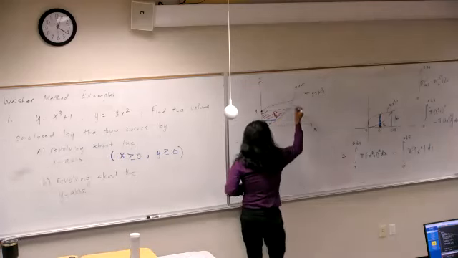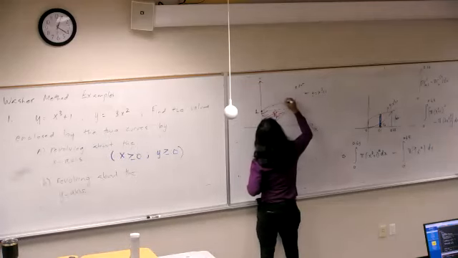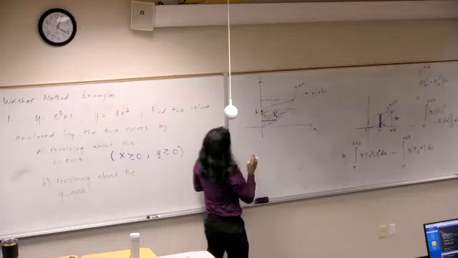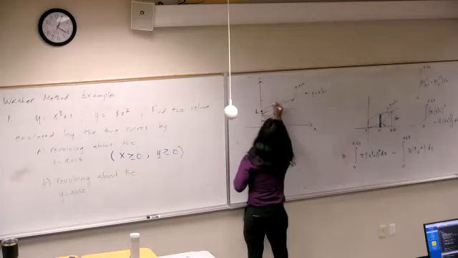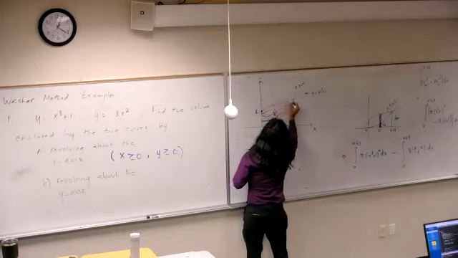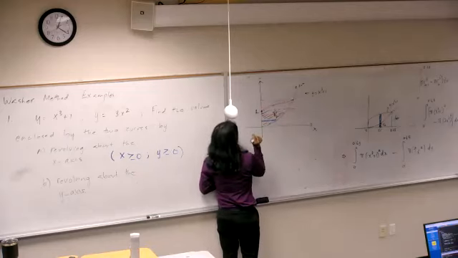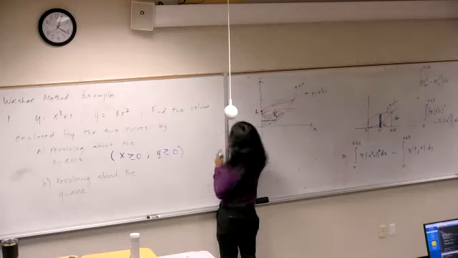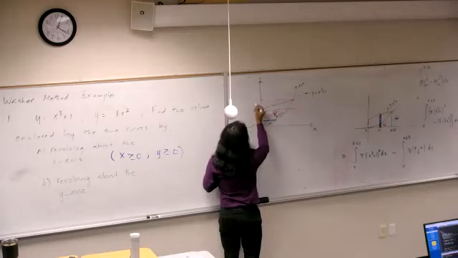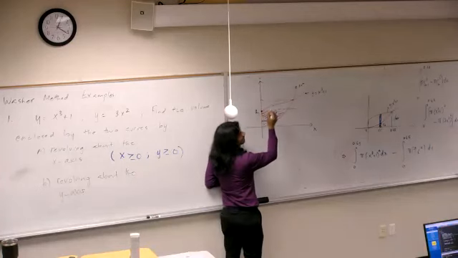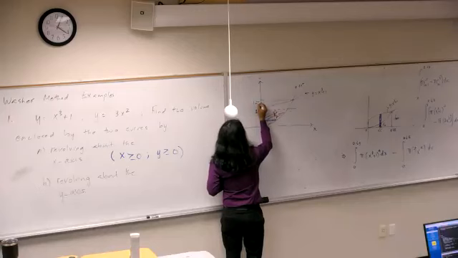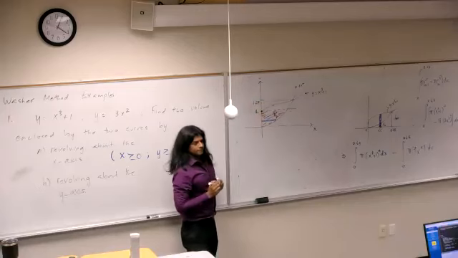But my point of intersection is right there. Okay, right there. 1.28, was it? Yeah. 1.28. Good.